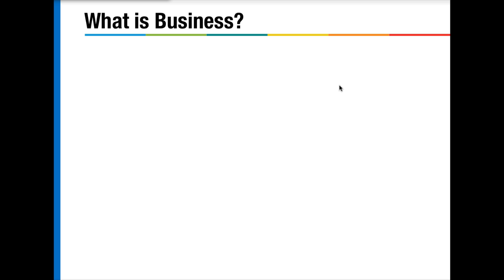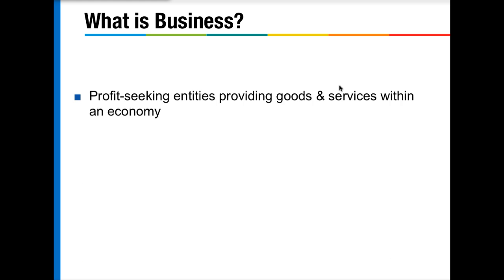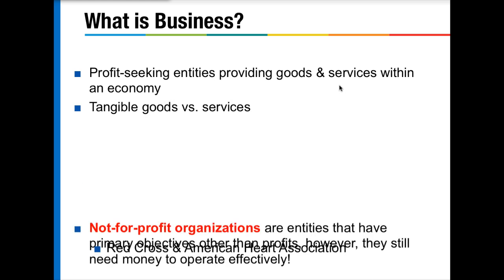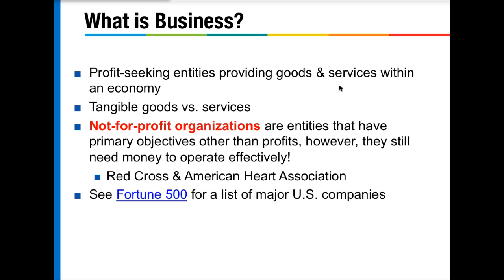So looking at the first element of what is business, let me just get everything up here for us. Obviously, a business is a profit-seeking entity that provides either a good, something you can touch or feel, or a service, something that's done for you, like a haircut within an economy. So you do have tangible goods.